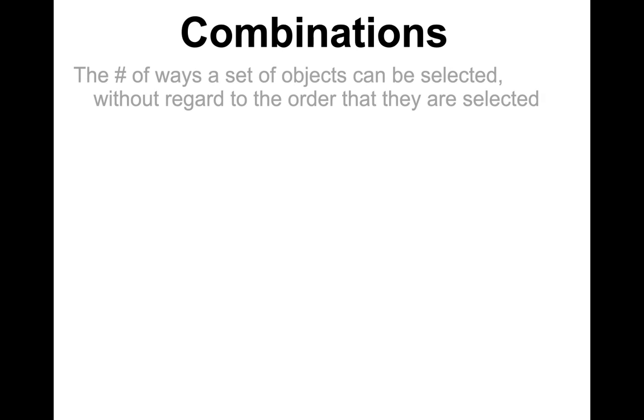Now, to the crux of this unit, and that is combinations. This is the textbook definition of a combination. It's the number of ways a set of objects can be selected without regard to the order that they are selected.